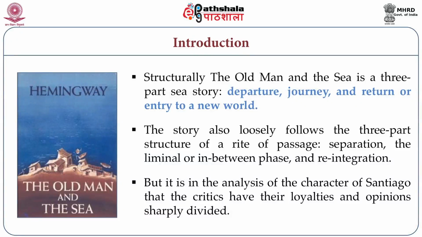Before going into how the critics felt about the character of Santiago, let's talk about this pattern in the novel, that it is departure, journey, and return, which also runs parallel to the rite of passage: separation, the in-between phase, and reintegration.